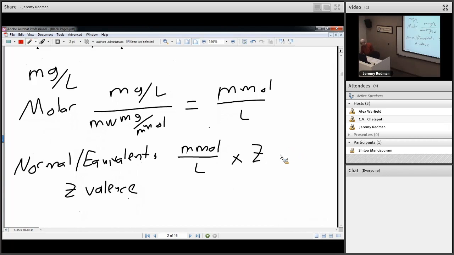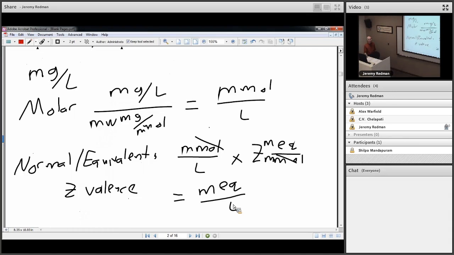Z would have the units equivalent per mole, or in our case, milliequivalent per millimole. And the moles cancel out, and we're left with units of milliequivalent per liter.